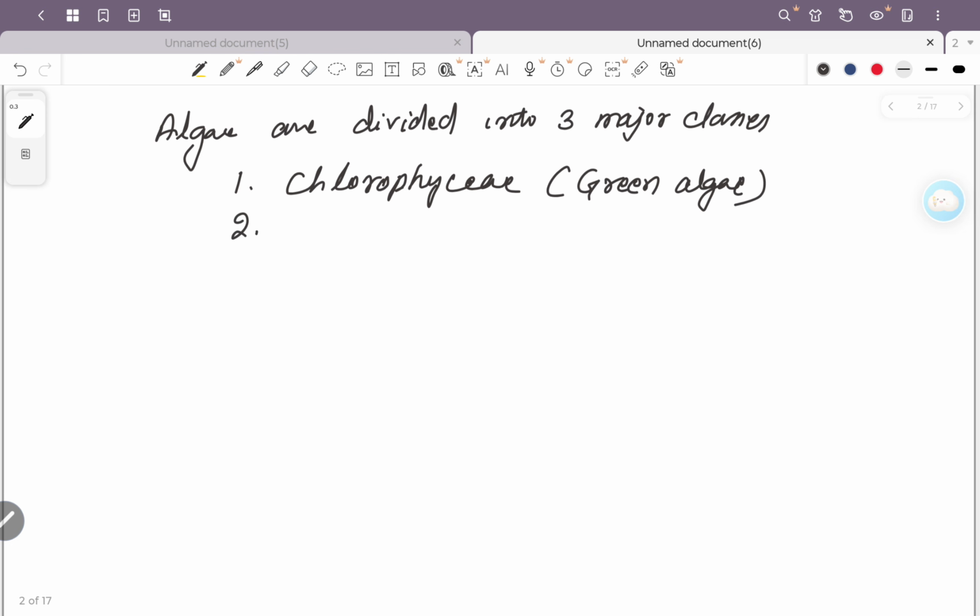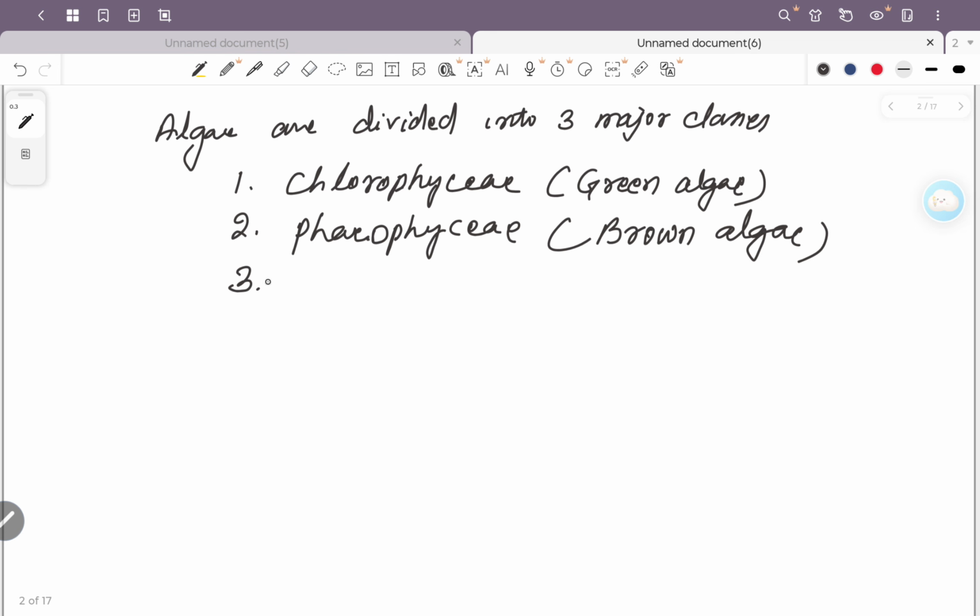Number two, phaeophyceae, brown algae. Number three, rhodophyceae, commonly known as red algae.